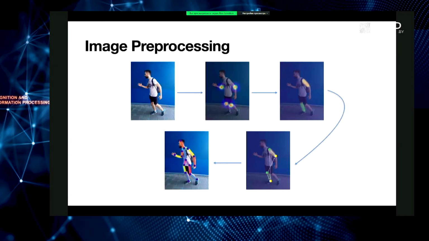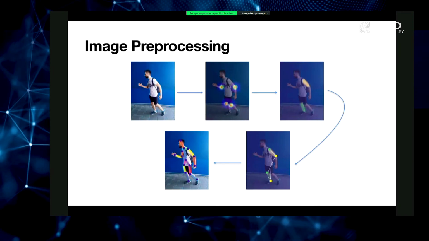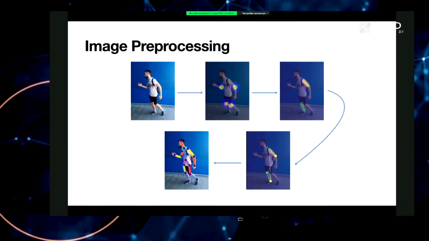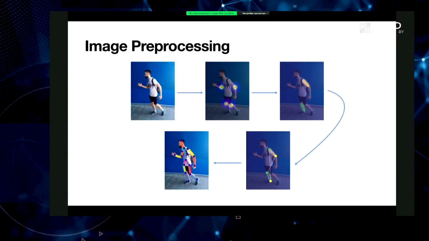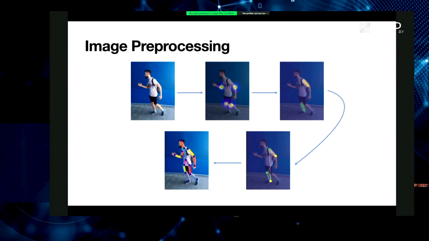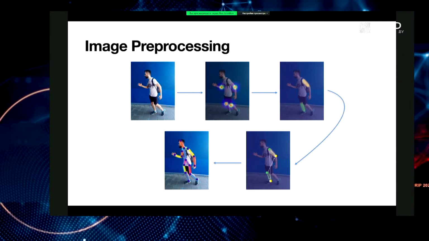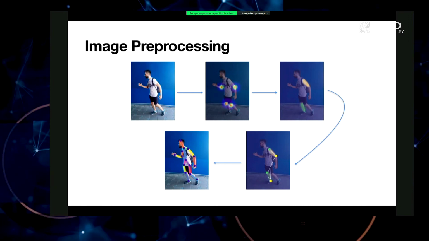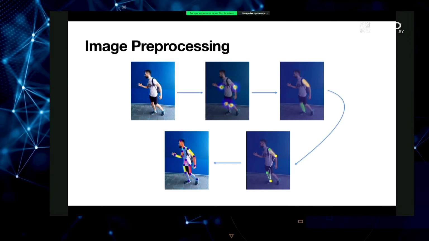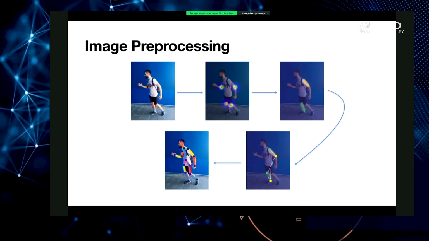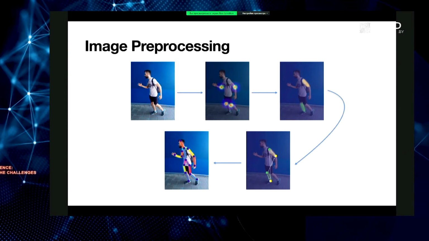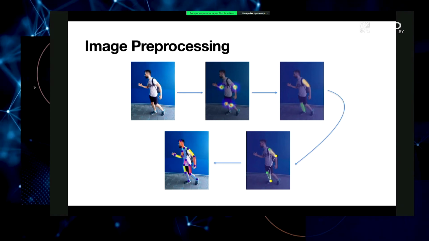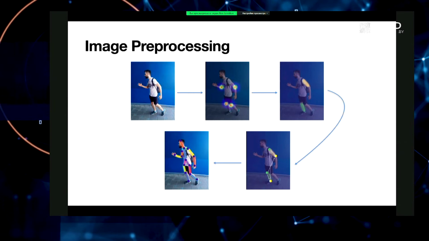So as you see here, there is an interactive flow of the algorithm. The first image is just an input, an RGB image. Then the next two images are these parallel branches. The first branch of the neural network detects joints, basically detects the maximum points. As you see, they are red.